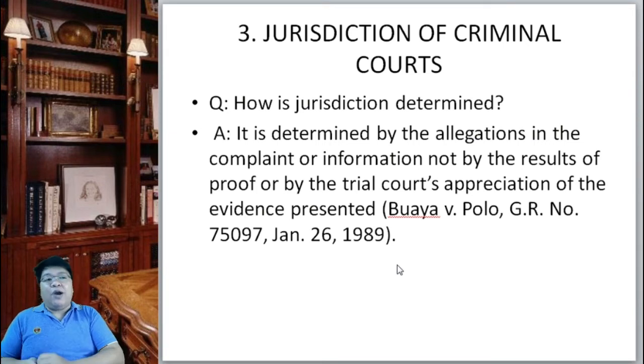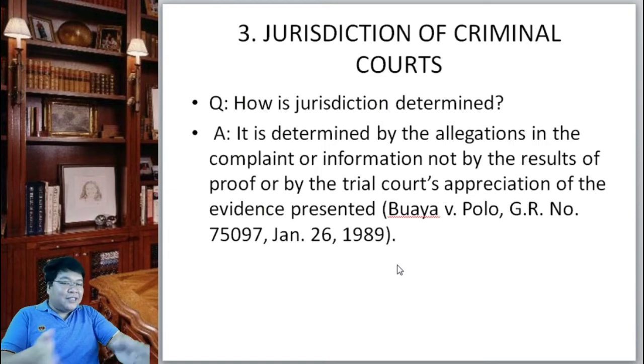As discussed a while ago, jurisdiction is determined by the allegations of the complaint or information. What is a complaint? A complaint, as discussed in the rules of court, is an allegation provided for by the complainant, indicating the name and address.